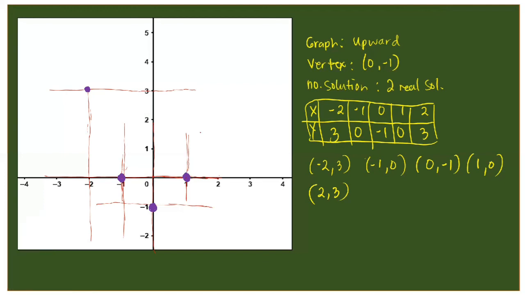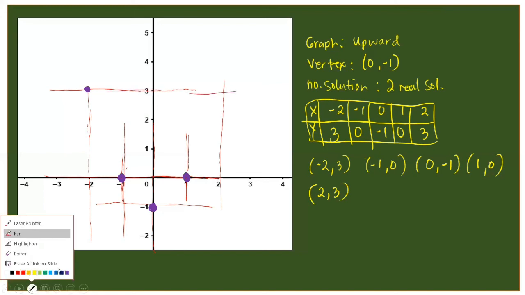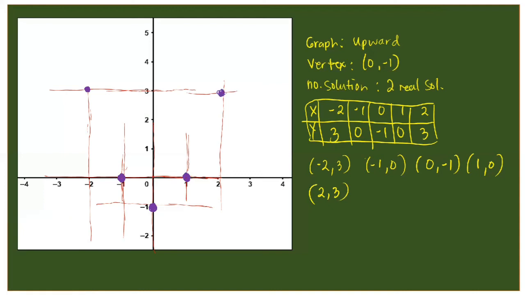So, this is our positive 2 and then our positive 3. So, dito nag-intersect yung ating positive 2 or the fifth ordered pair natin na positive 2 and 3. So, what we are going to do is to connect it so that we can identify that this is a parabola, which opens upward.